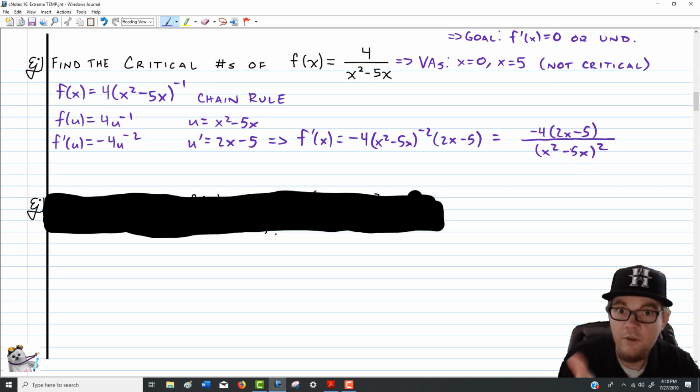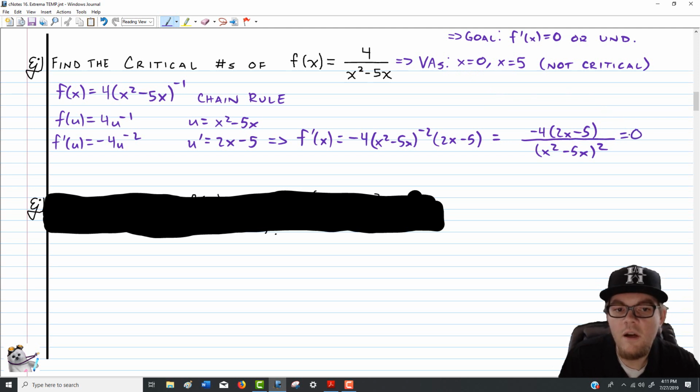So there's our derivative. That's the first essential step of finding any critical number. Now we need to figure out where this is 0 or undefined. To save a little work, if we plug in 0 or 5, of course we get an undefined derivative, but those are the only two values where that happens. We already noted that vertical asymptotes occur there, so those don't count as critical numbers.